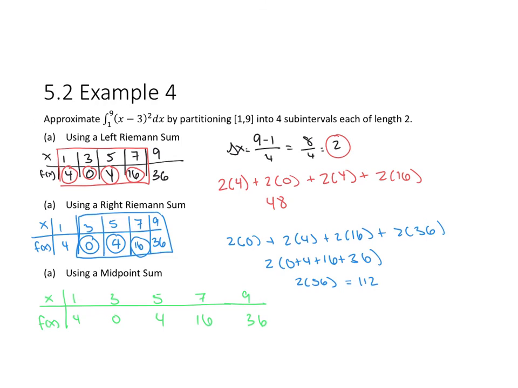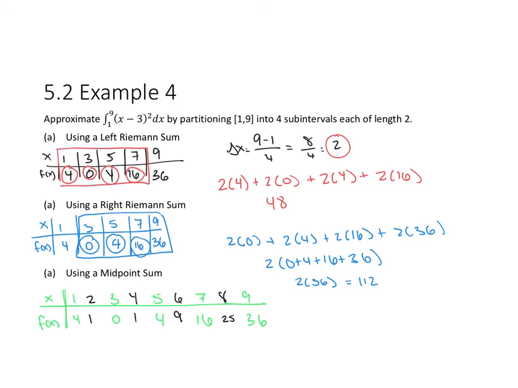The middle of 1 and 3 is 2, and my y value at 2 is 1. The middle of 3 and 5 is 4, and my y value is also 1. The middle of 5 and 7 is 6, and my y value is 9. The middle of 7 and 9 is 8, and my y value is 25.